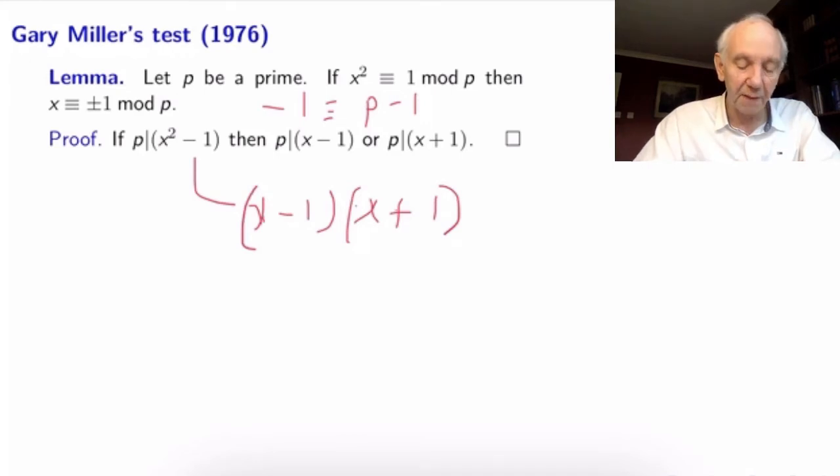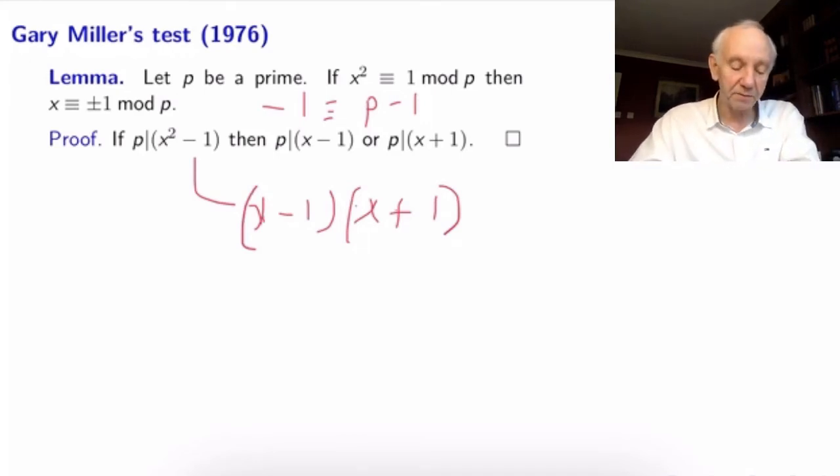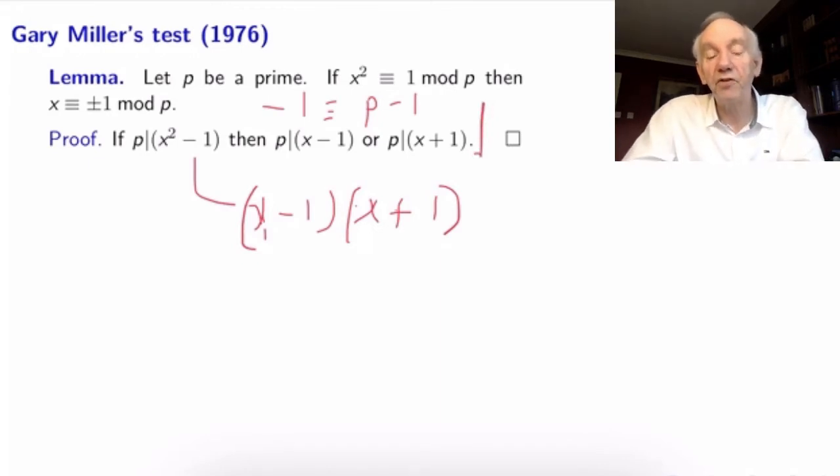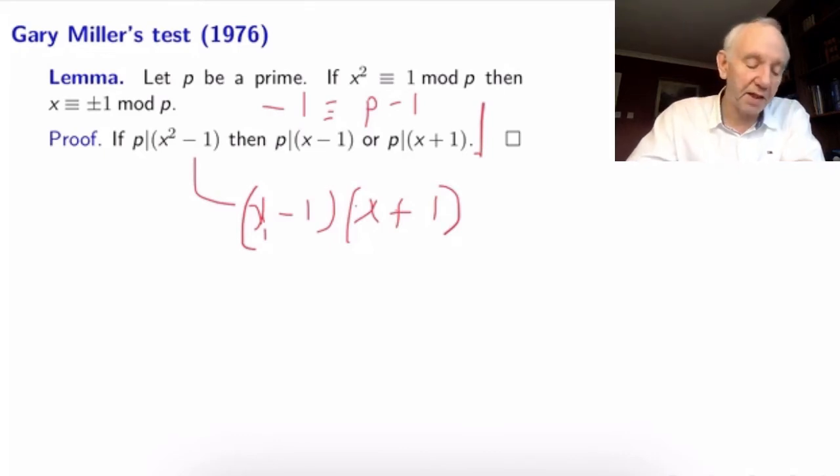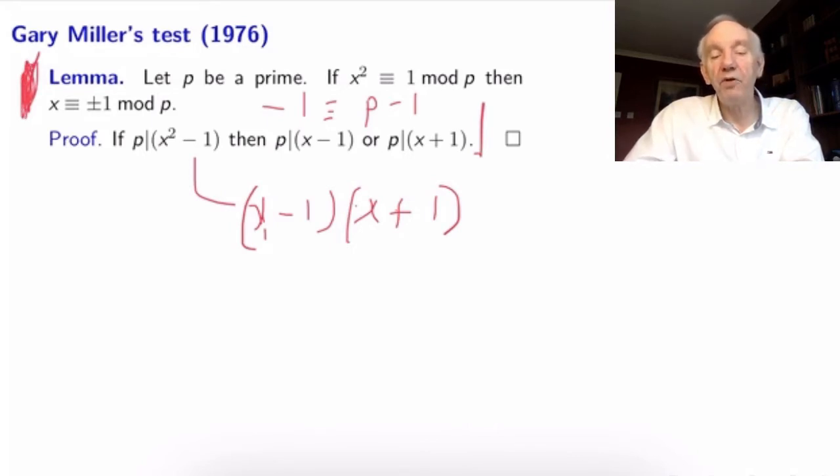It can't be split up between the two factors. So one of these things holds, and that's the same thing as saying x is equivalent to plus 1 in the first case or minus 1 in the second case. So this is a key lemma. It will allow us to understand whether or not we're dealing with a prime number.